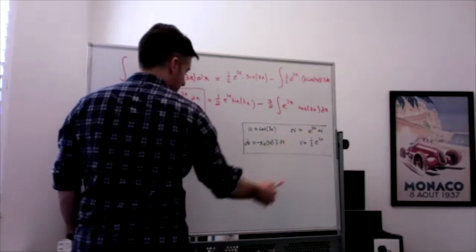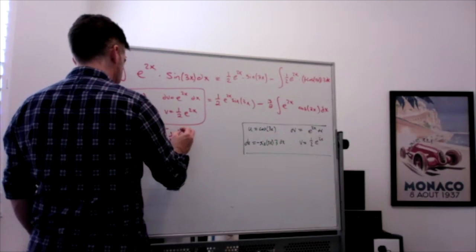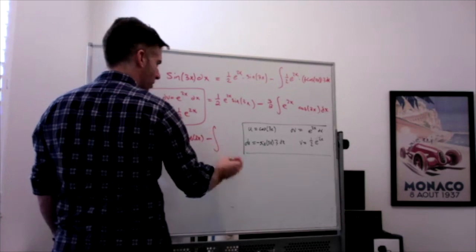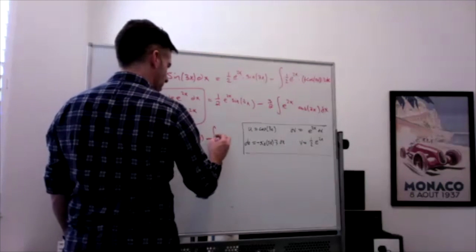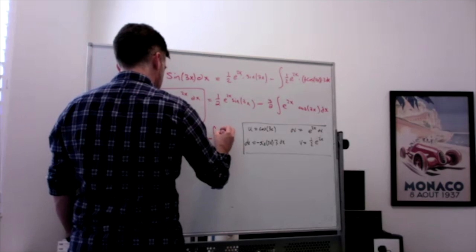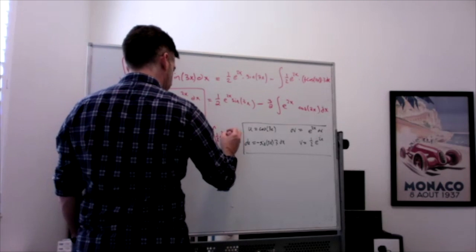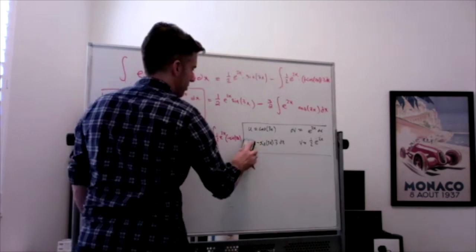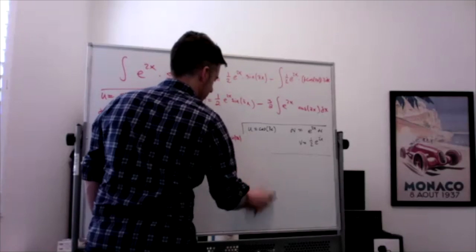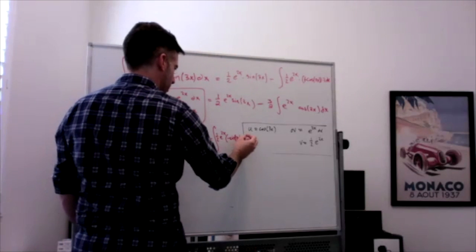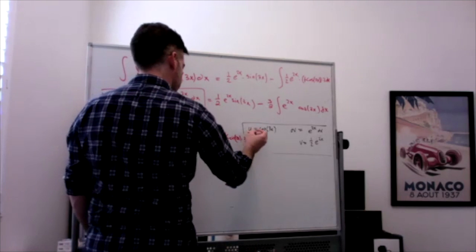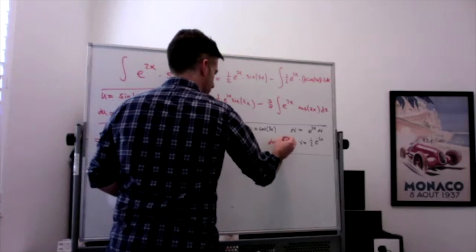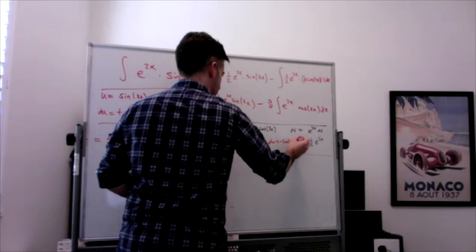So it's going to be uv, so it's going to be 1/2 e to the 2x times cosine of 3x minus the integral of v du, which is going to be 1/2 e to the 2x times negative sine of 3x times 3 dx, because du is equal to negative sine of 3x times 3.